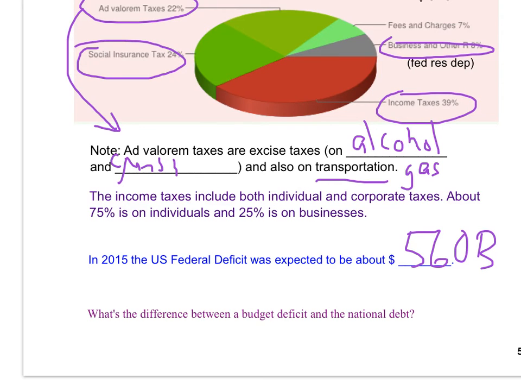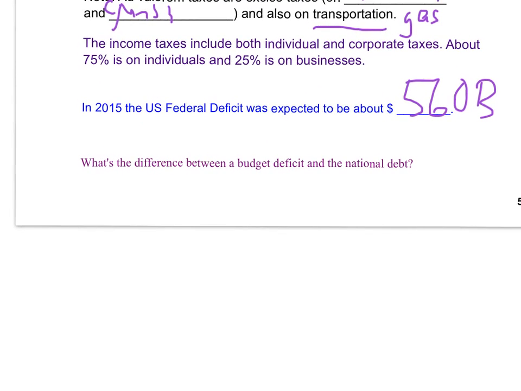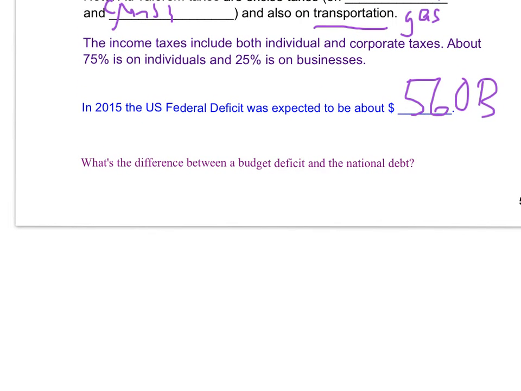Okay, big topic, and one that's not really known by many people in the US: the difference between a budget deficit and the national debt. In the US, we can look at the numbers, but which is greater? In the US, the national debt is definitely much greater than the budget deficit.